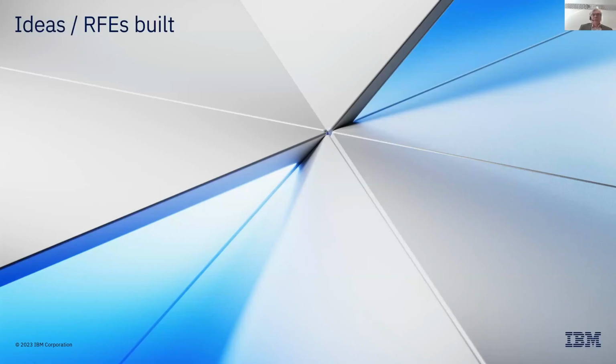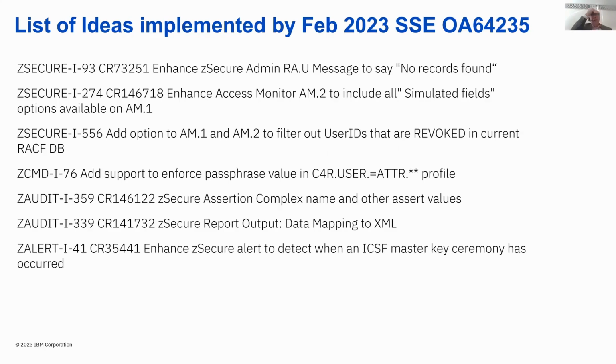So in summary, that's the extent of the SSE that's about to come out. I'll give you the list of enhancement requests, or ideas as they are called nowadays. I didn't talk yet about the first one. It used to say nothing selected as an error message, and customers found that confusing. They thought, did I do something wrong?